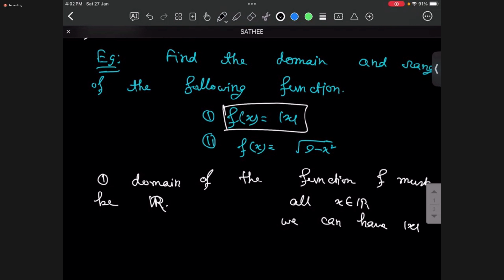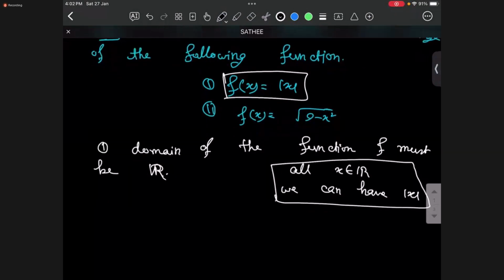If the real number is positive, we take the number itself, and if it is negative, we take minus of that number. So every real number can be put inside mod x, and that's why the domain of the function is the real numbers.